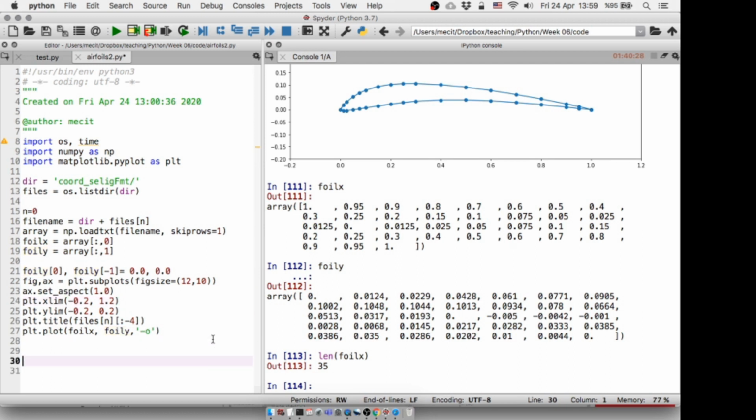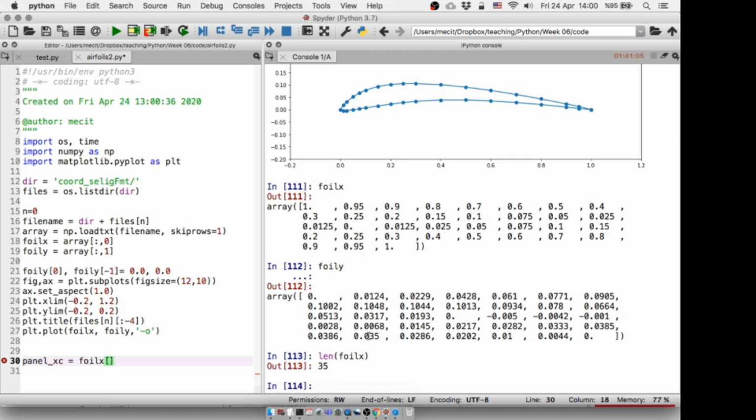In order to do the panel centers, let's do X center, or if you want to make it panel X center, will be foil X. So the centers are the 0th X plus the first X over 2.